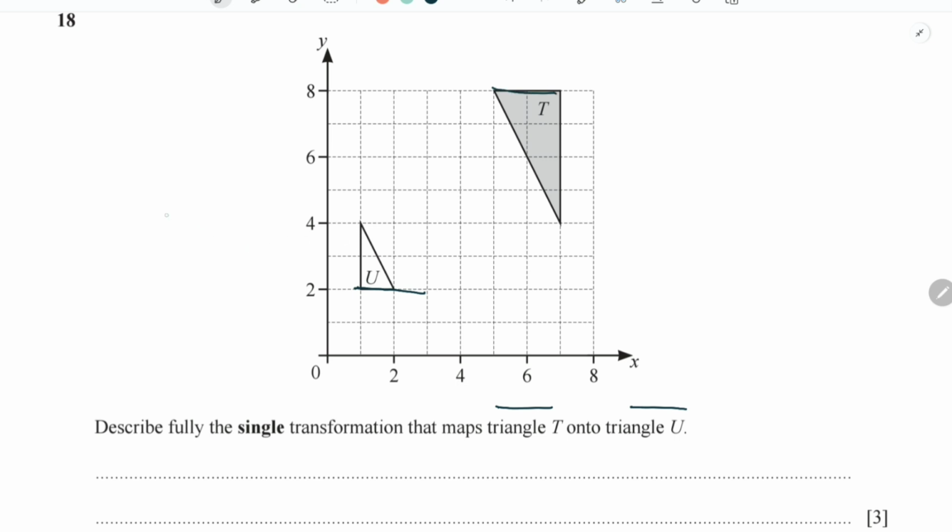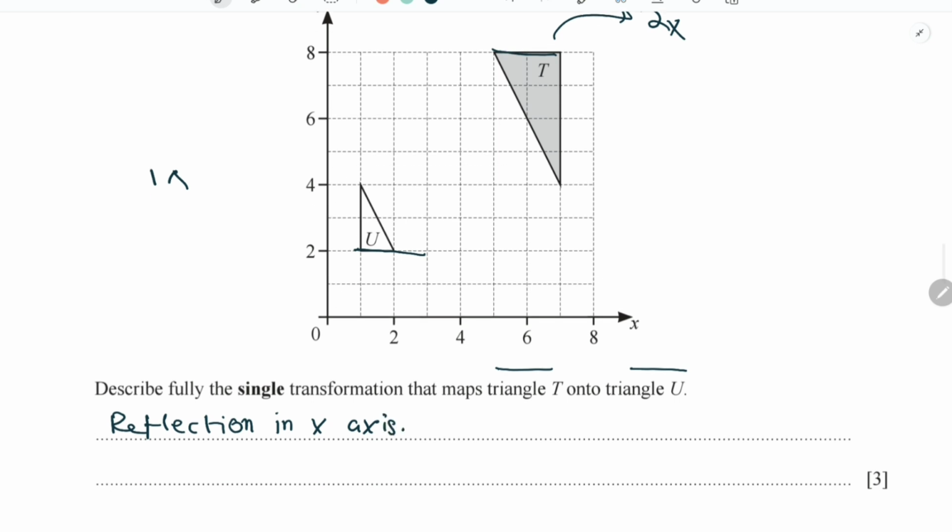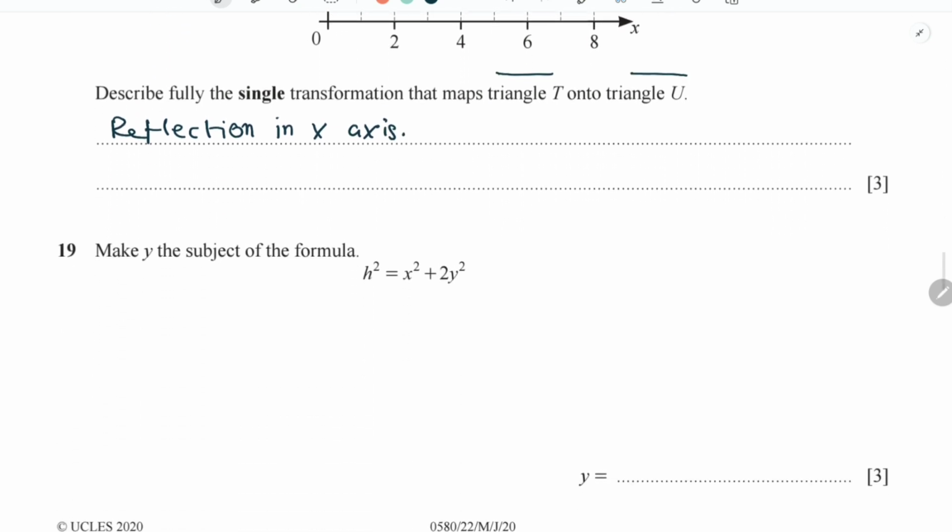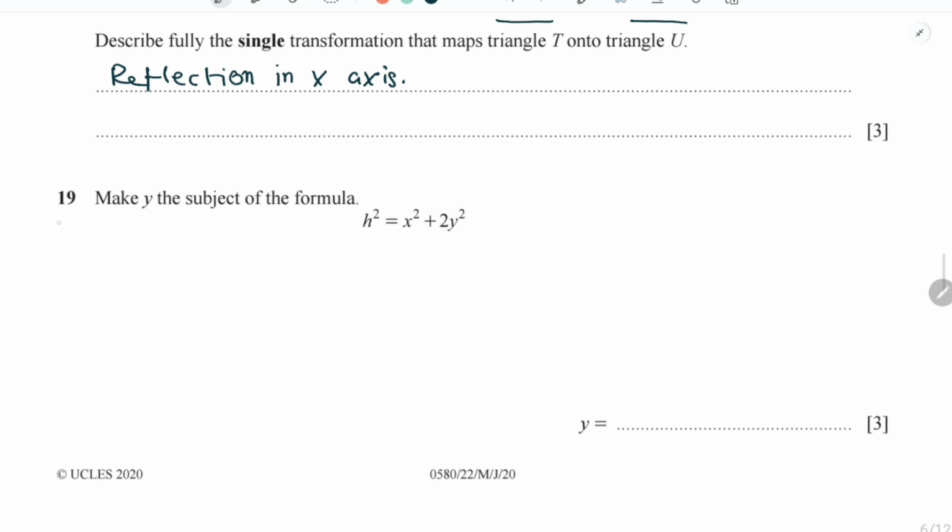So this one is 1x, and this one is 2x of the first one, right? So reflection in the x-axis, right?